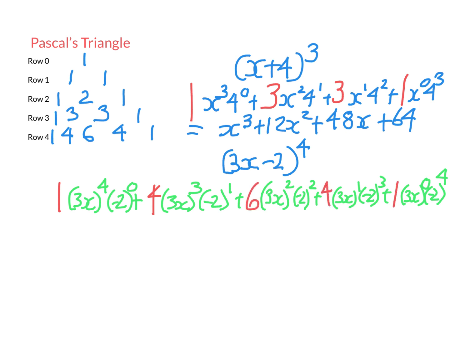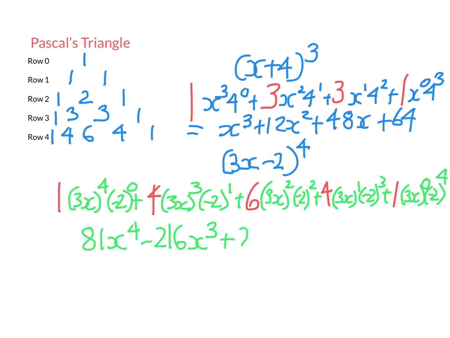Okay, let's now simplify this. So 3 to the power of 4 is 81. So we have 81x to the power of 4. Remember, anything to the power of 0 is 1. So the next term is going to be 4 times 3 cubed, 108, times -2. So it's going to be -216x cubed. Next term, 6 times 3 squared, 6 times 9 is 54, times, this will be positive 4.